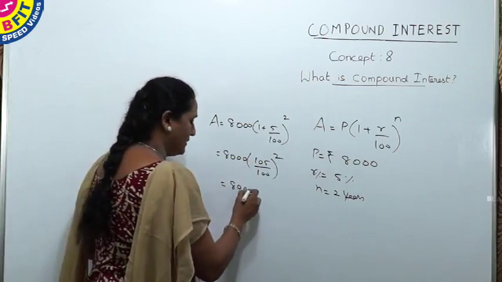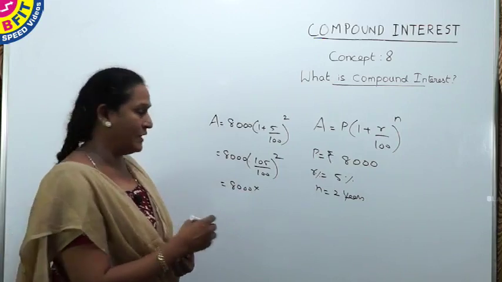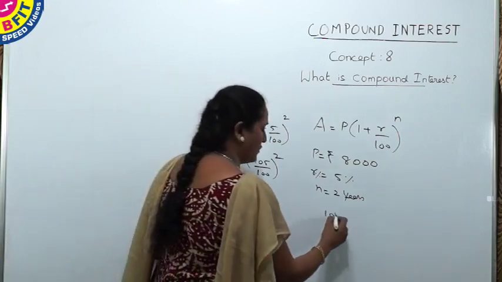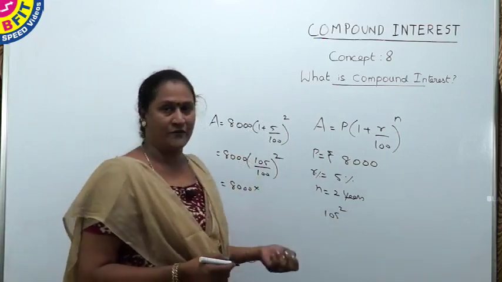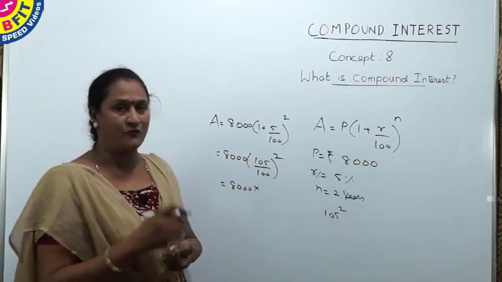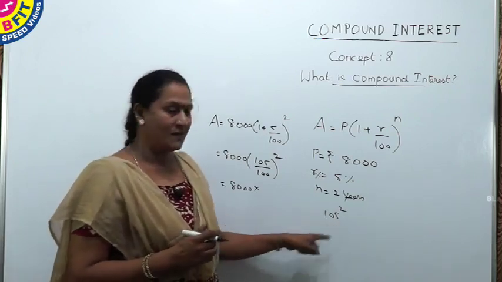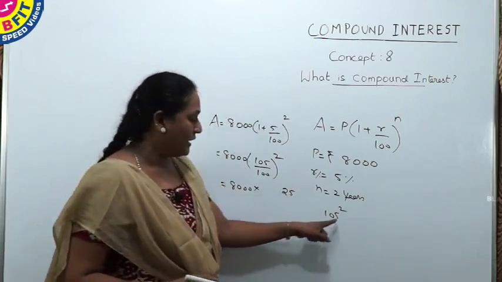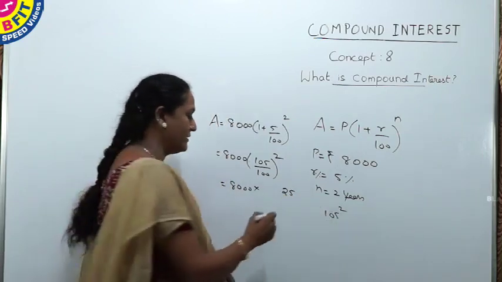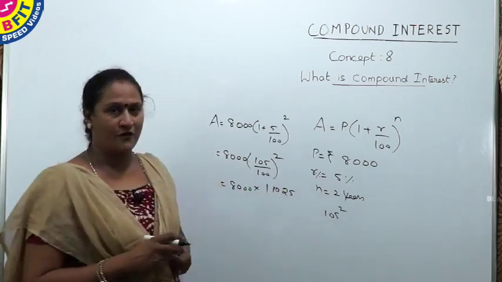That is 8,000 and squaring this 105 into 105. There is a shortcut to multiply 105 into 105, or the square of 105. Whenever you have 0 or 1 here, square this 5, 25, and double this 5. So 5 into 2 is 10. And write 1.